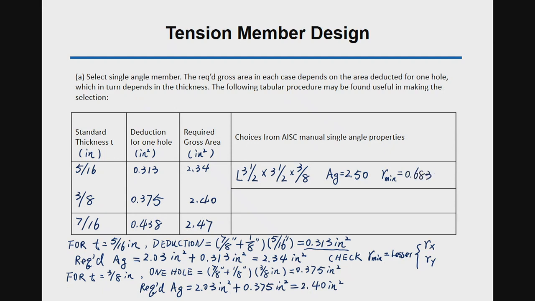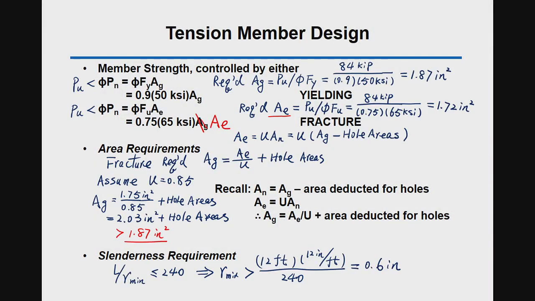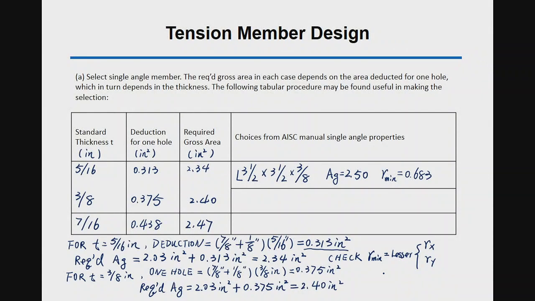So which is greater than 0.6, right? So greater than 0.6. So we are fine for the slenderness requirement.